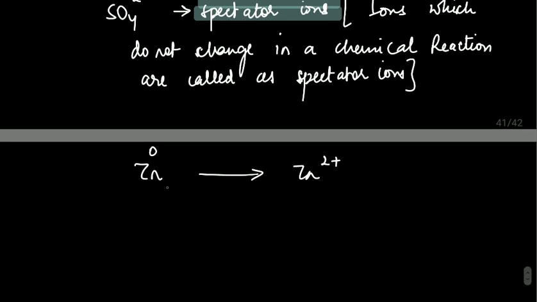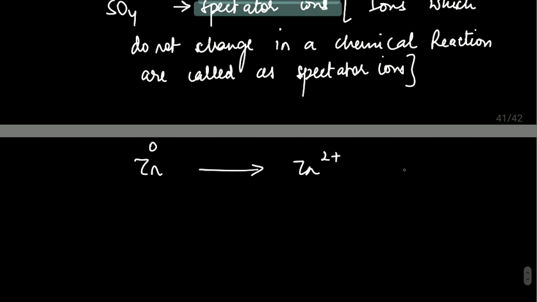This is definitely loss of electrons. 0 to 2+ means it has lost 2 electrons. I have discussed this before in previous lectures also. 2+ means it has lost 2 electrons from the neutral state. So loss of electrons, this is your oxidation reaction.